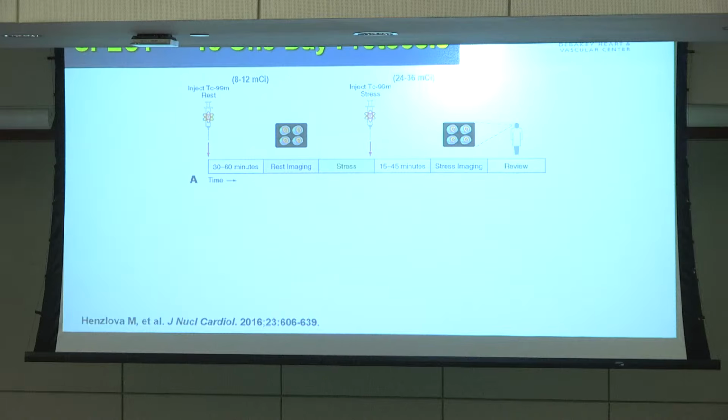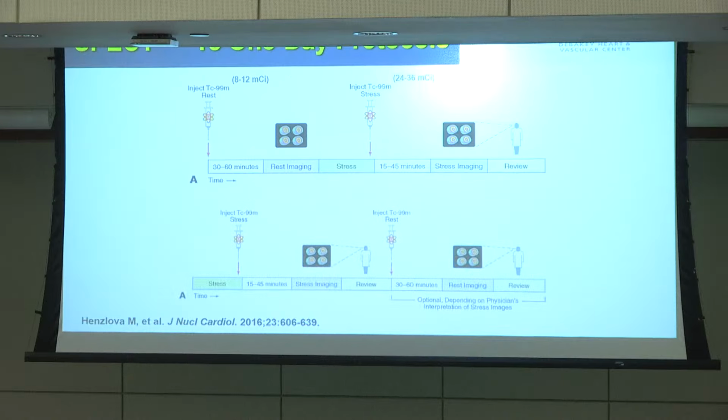There is another way to do it, which is stress first. You start with the stress. The beauty of this protocol is that when you inject your stress dose, you don't have any residual activity to start with, so there is nothing that you're shining through, because the patient doesn't have any radiotracer injected before.